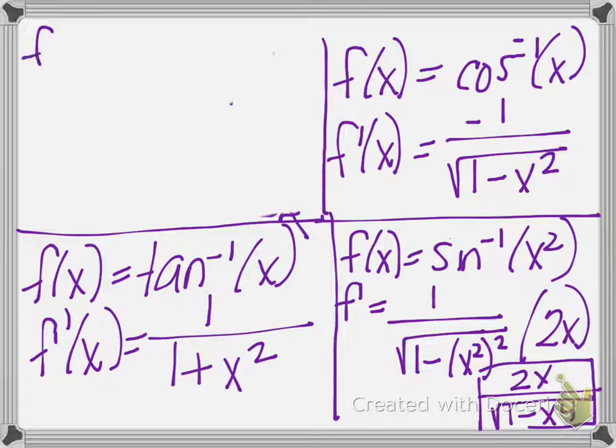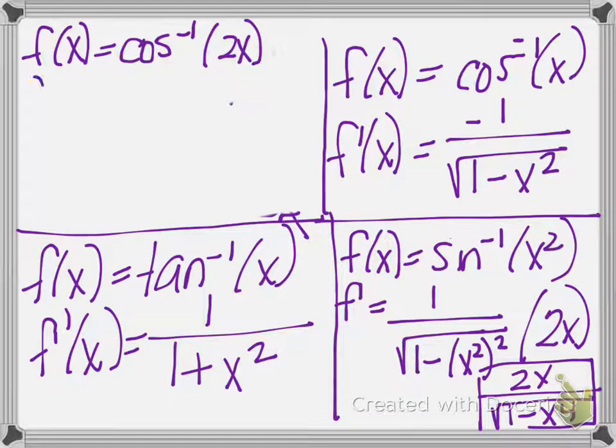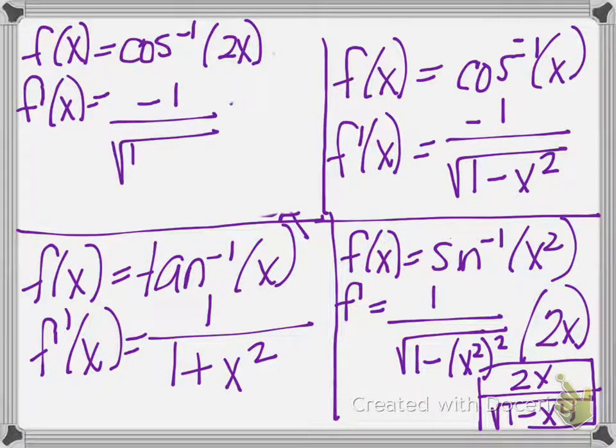Okay, so let's say we had that f of x equals cosine inverse of 2x. Then f prime is going to equal negative 1 over radical 1 minus the something squared, so you can put parentheses there if you want, times the derivative of the something, and the something is 2x.